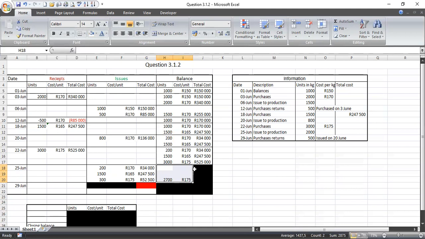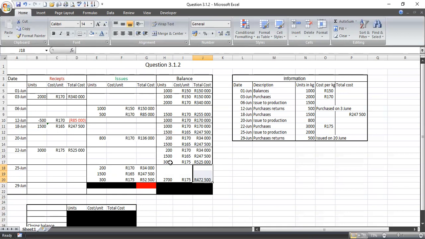A portion of 3,000 units is now left because we issued all of the 200 units and all of the 1,500 units, but we only issued a portion of the 3,000 units, and that portion was 300 units.